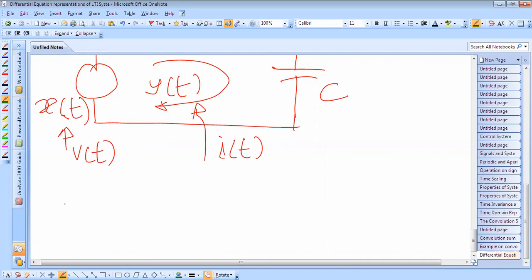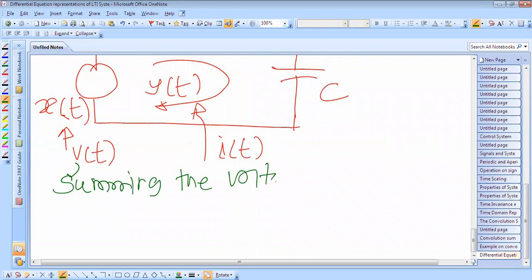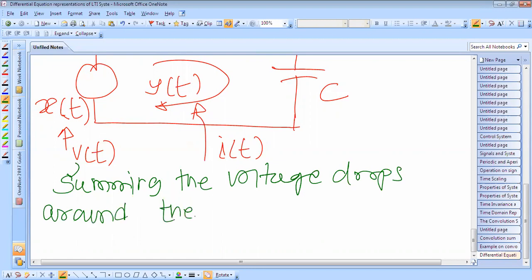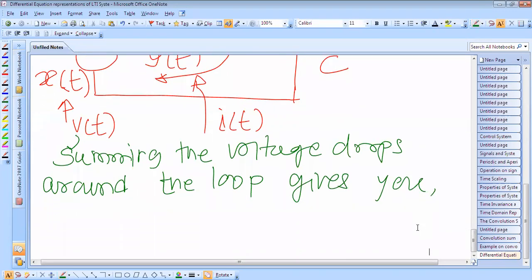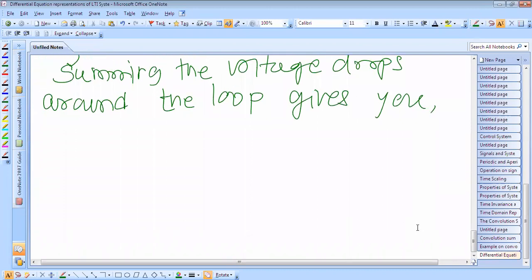Therefore, summing the voltage drop around the loop will give you such an equation.